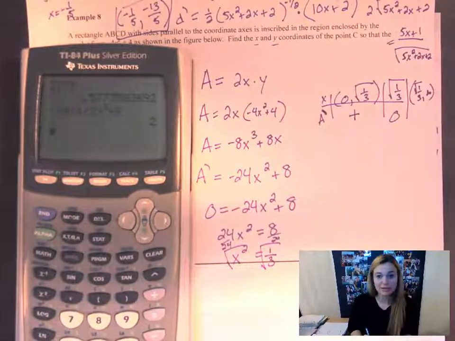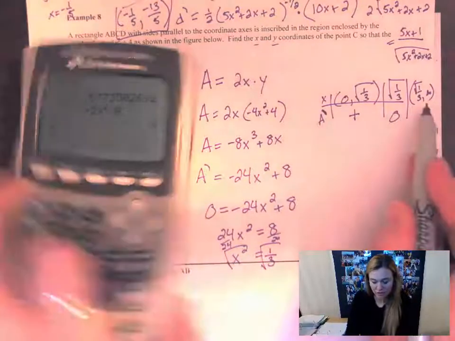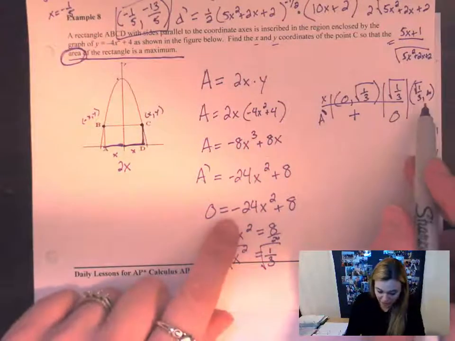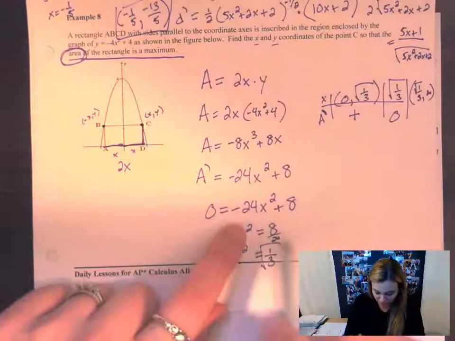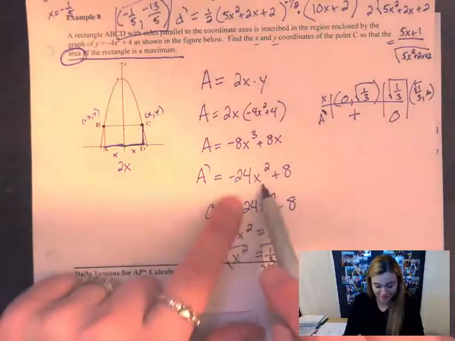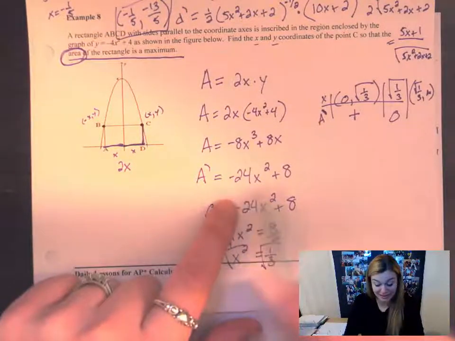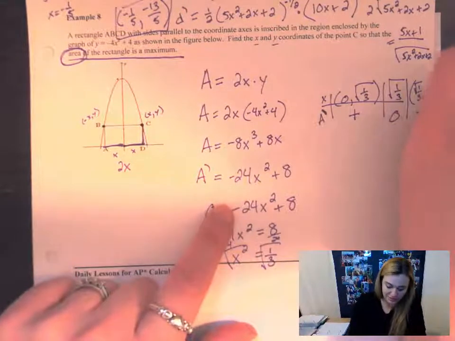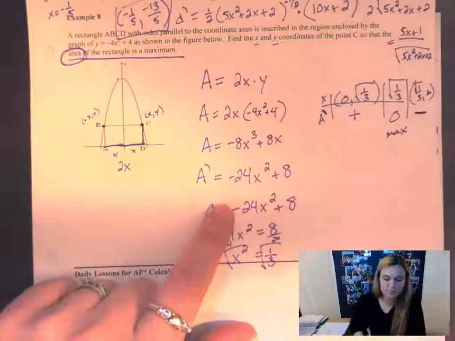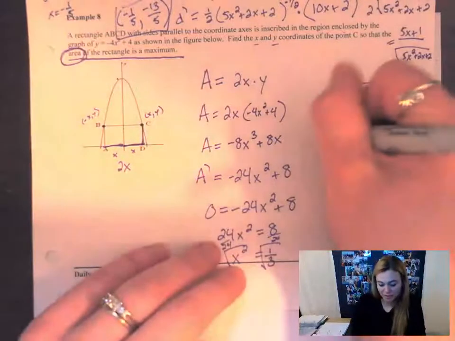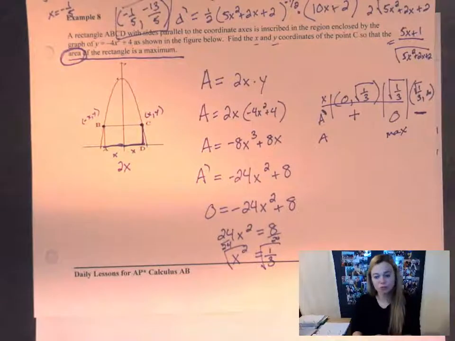So we can say positive. If I pick some other huge number, let's say 5 million, 5 million squared is really big, times negative 24, really, really negative, plus 8 is still negative. There's going to be a maximum for A at the square root of 1 over 3.